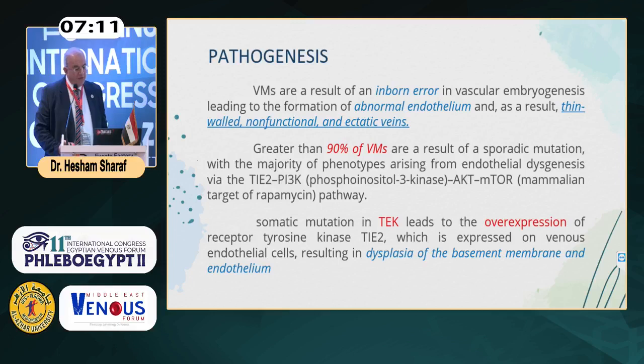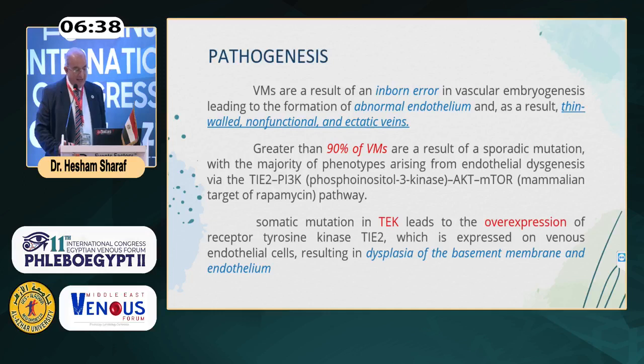Vascular malformations, or venous malformations, are the result of inborn errors in vascular embryogenesis leading to the formation of abnormal endothelium, resulting in thin-walled, non-functional and ectatic veins. Greater than 90% of venous malformations are the result of sporadic mutation, with the majority of phenotypes arising from endothelial dysgenesis via TIE2 and PIK3CA, and also the mammalian target of rapamycin pathway.